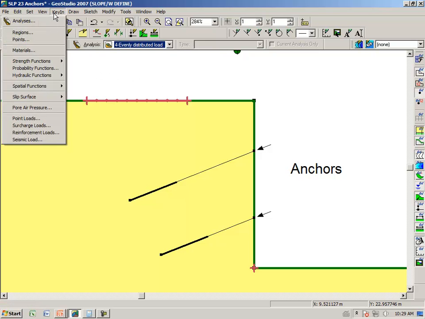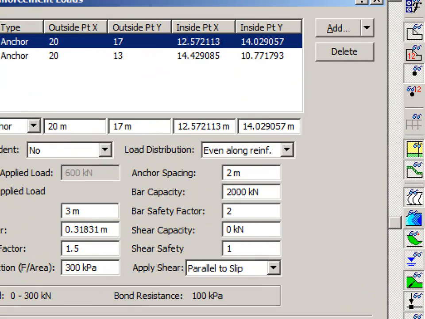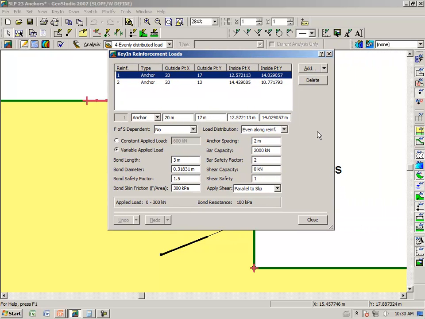Let's say key in reinforcement loads, and we notice in the top anchor we have now said that the force will be evenly distributed, even along the reinforcement. I'll show you in just a few moments how this works.